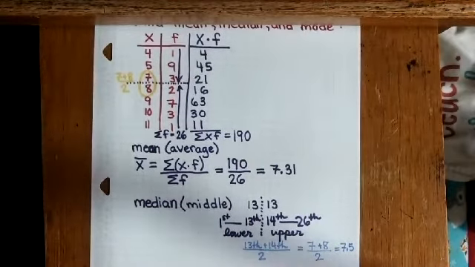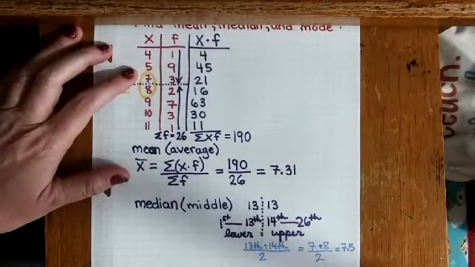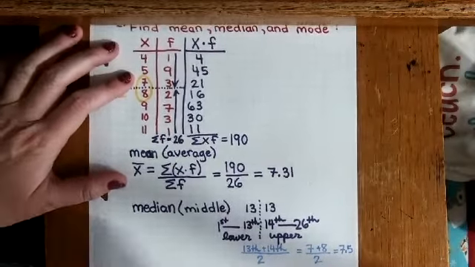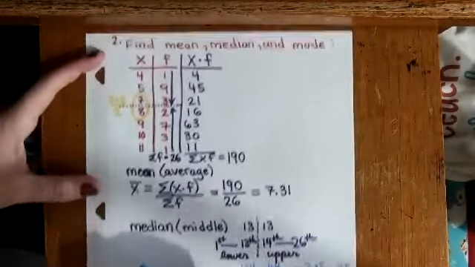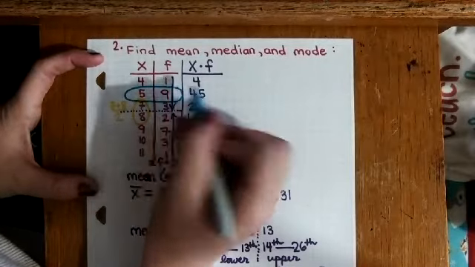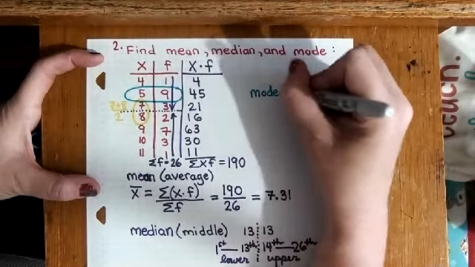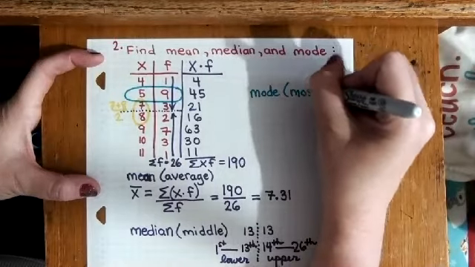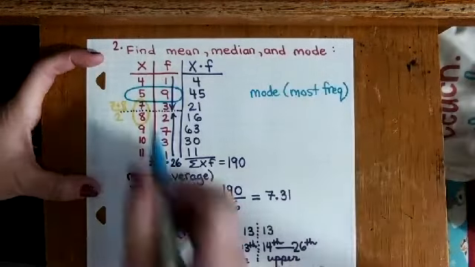7.5. And in this table form, we can easily see the mode, right? Mode is your highest frequency, right? Mode is most frequent. That's the 9.